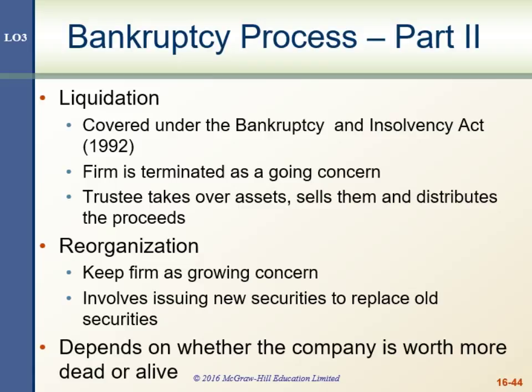Then the unsecured creditors are paid, and that may include some secured creditors who haven't been completely paid out as a result of their claim on particular assets. Then next, preferred shareholders, and whatever is left over goes to the common shareholders as the residual interest in the firm. Now, bankruptcy or reorganization also has a sequence of events rather than an order of distribution of the proceeds, but the firm continues to go.